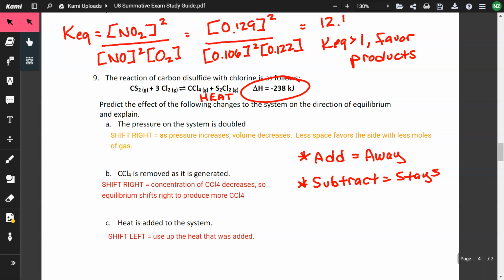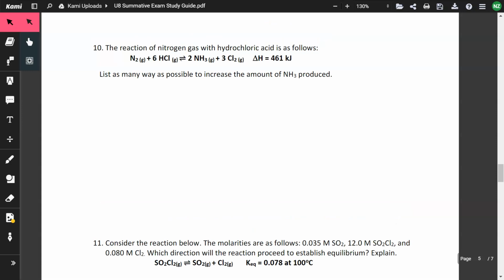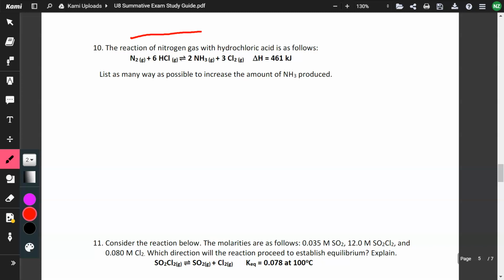All right, let's take a look at another problem like that. So let's take a look at number 10. We've got a reaction, and it says list as many ways as possible to increase the amount of NH3 produced. Okay, well, let's see here. We want to shift right.